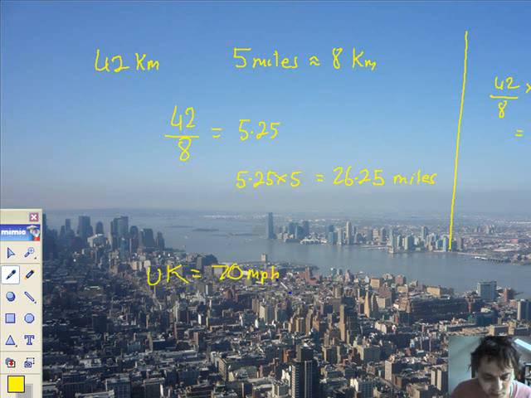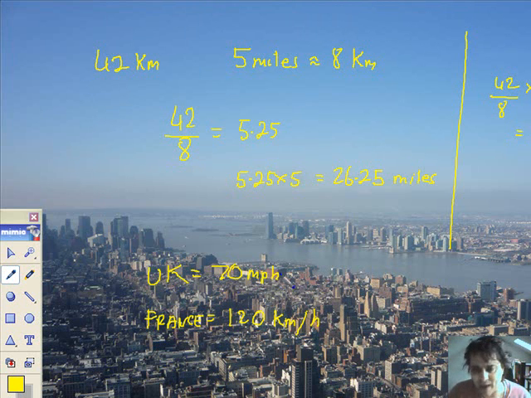And the speed limit on motorways in France is 120 kilometers per hour. Jack says that you can drive faster on French motorways. Jill says the UK motorways have a faster speed limit. Who's correct? In other words, which is the bigger number?